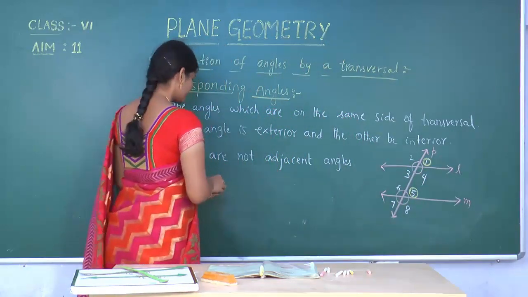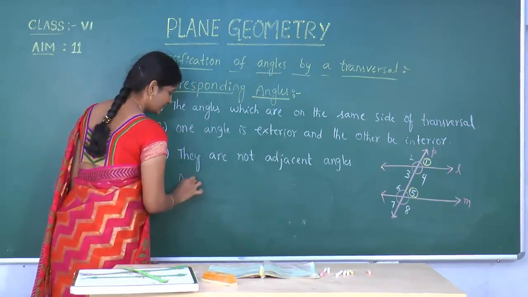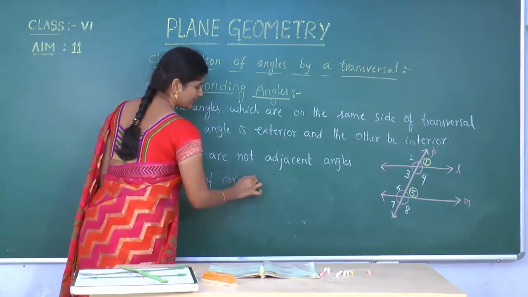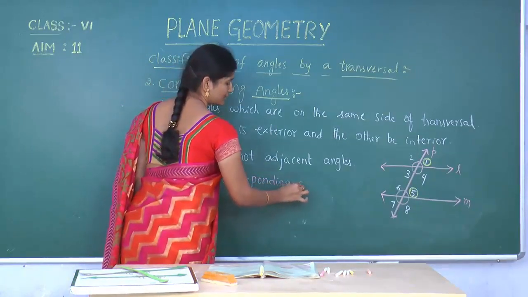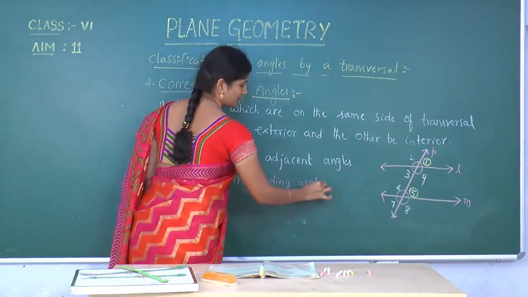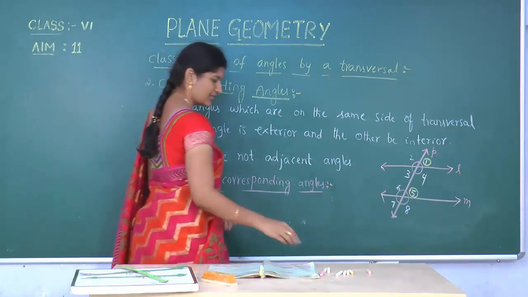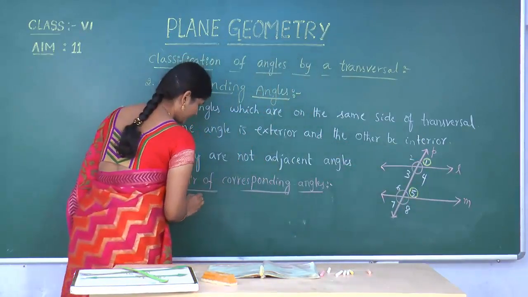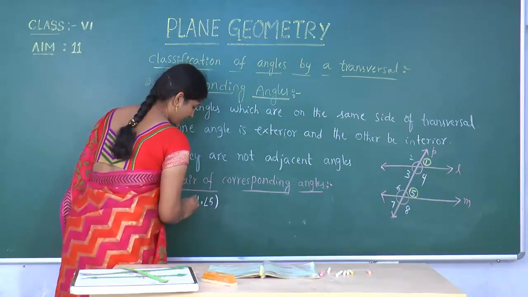So I am going to write pair of corresponding angles. And here angle 1 comma angle 5.